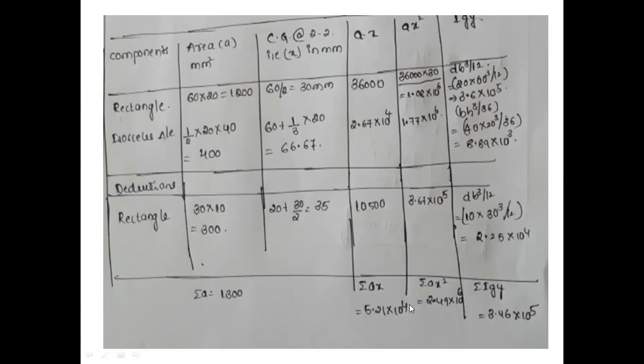Once you have done this, why are we using the summation of AX? We use it to calculate X bar. X bar will be the summation of AX divided by the summation of A. Similarly, the summation of AX square and the summation of IGY we use to calculate the moment of inertia with reference to the 2 axis. If you look at the formula here, what is X bar?